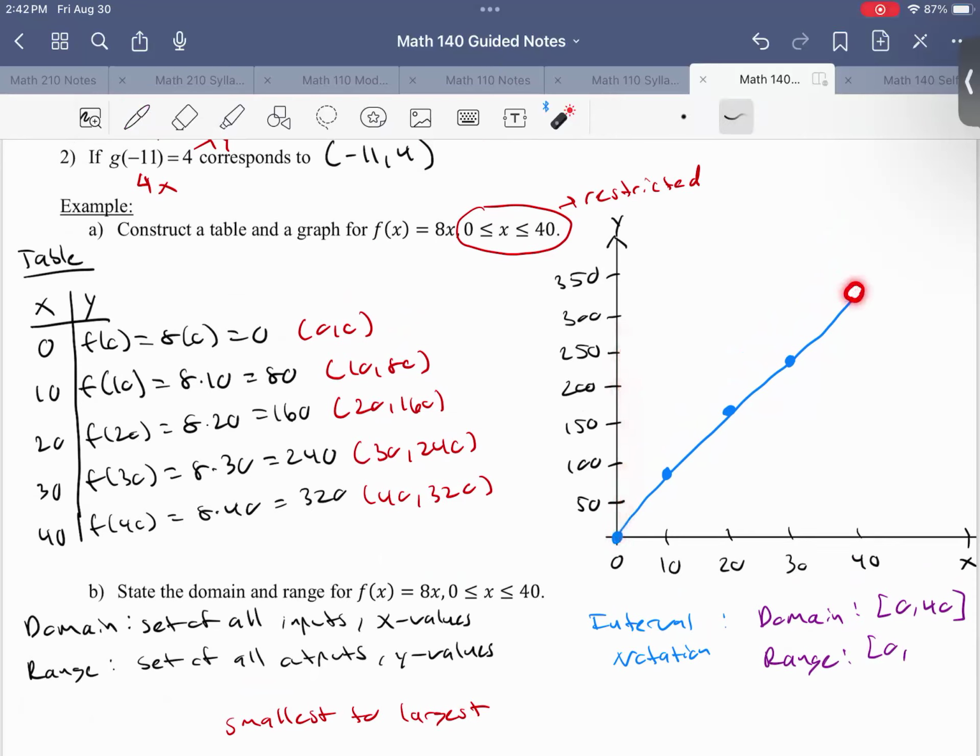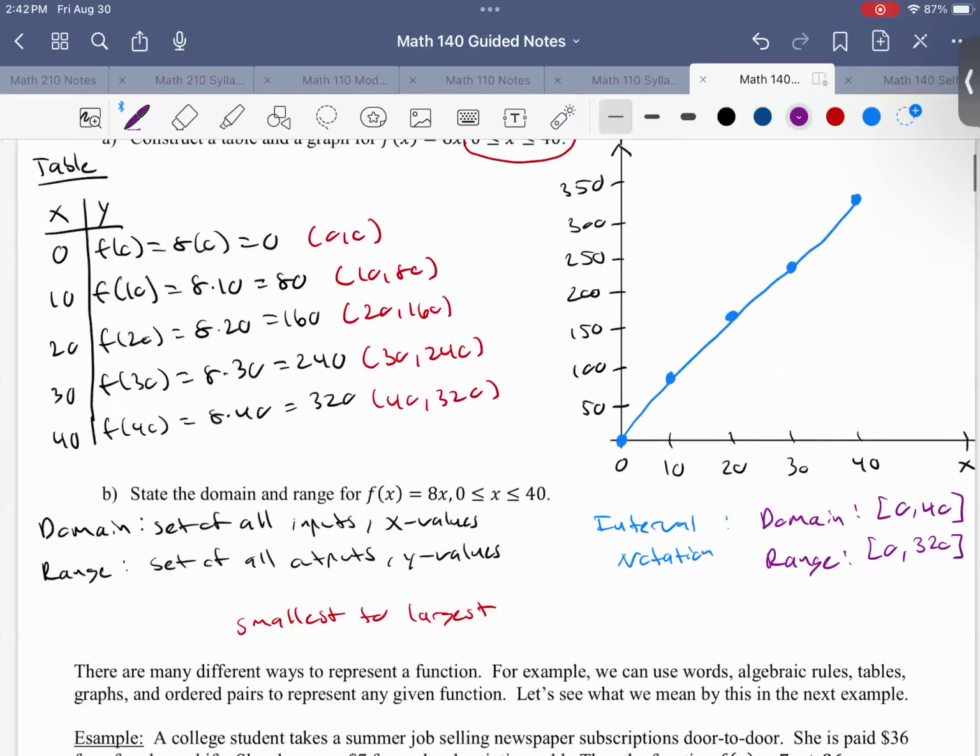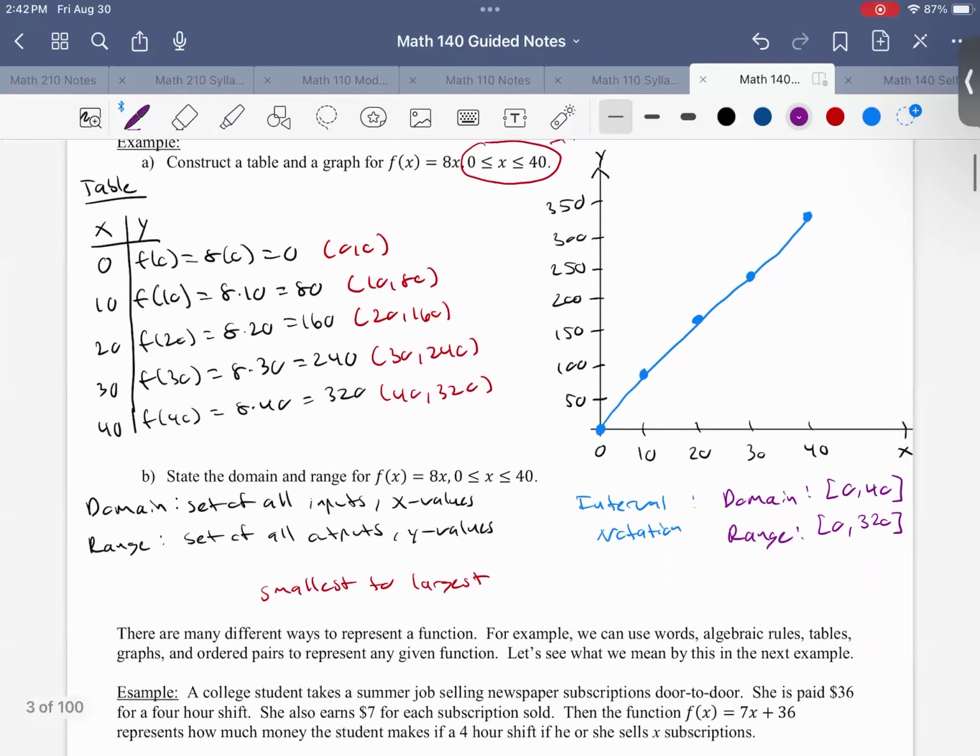Well, we stop right here, right? And what value is that? Well, that would be 320. So our range is 0 to 320. Okay. So that's how we would find a domain and range from this function and graph.